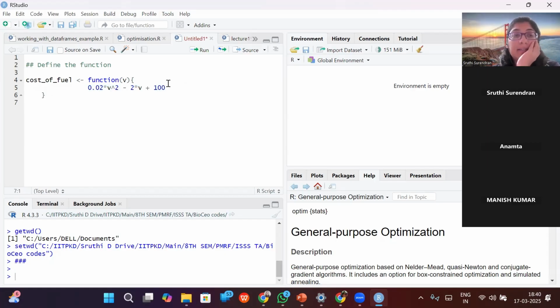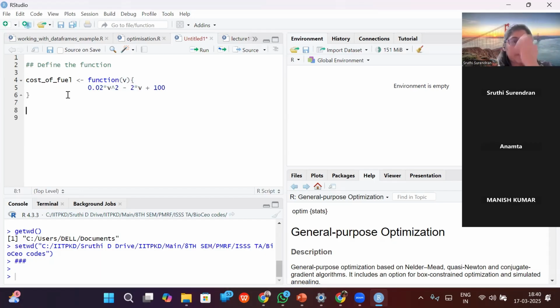In such cases, it is better to start the bracket in one line, write all the equations in subsequent lines, and then close the bracket at the end. So this is how we define any equation. If it were maximizing profit, given in some currency, you would write profit here, define it as a function of the variable V, and write the equation.